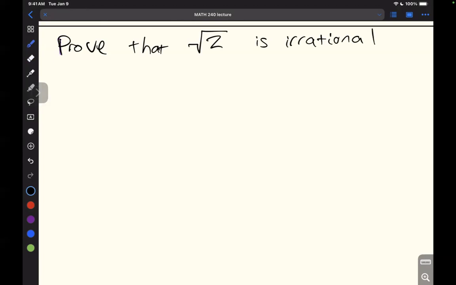And so we want to prove that the square root of 2 is irrational. First, what's a rational number? Any number with a decimal.